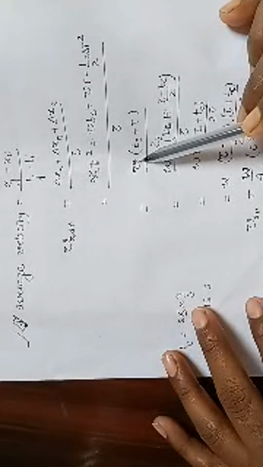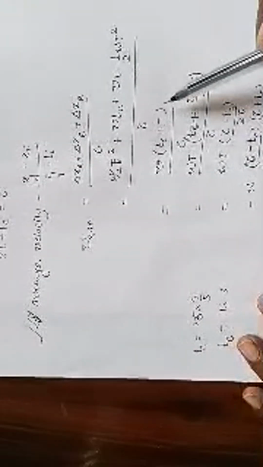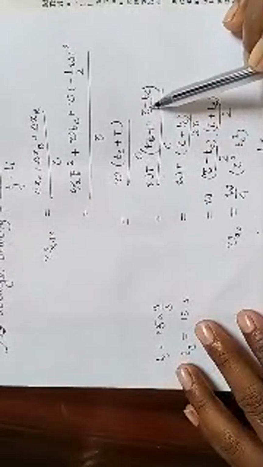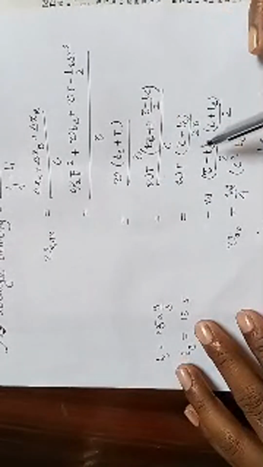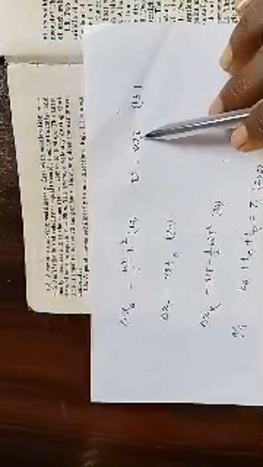Putting all these values, the difference is equal to 0. This is common, taken common, v, this is t_c and T. Now we substitute the value of T from here, and this is t_c plus T minus t_c, half, and putting the value of v from here.